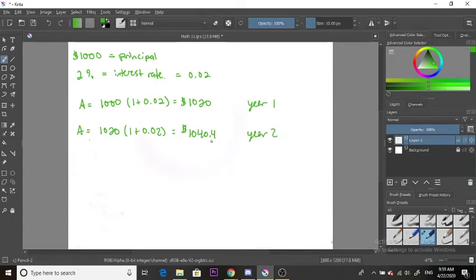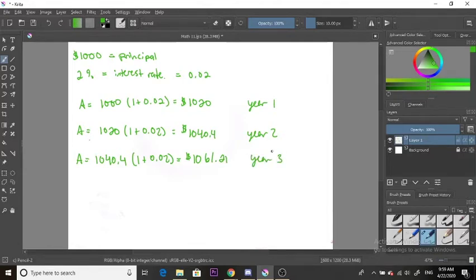Now, let's see what we would make after year 3. So we would have our amount. We would now put this amount, 1,040.4 times 1 plus 0.02. And if we were to calculate that, we would get 1,061.21.